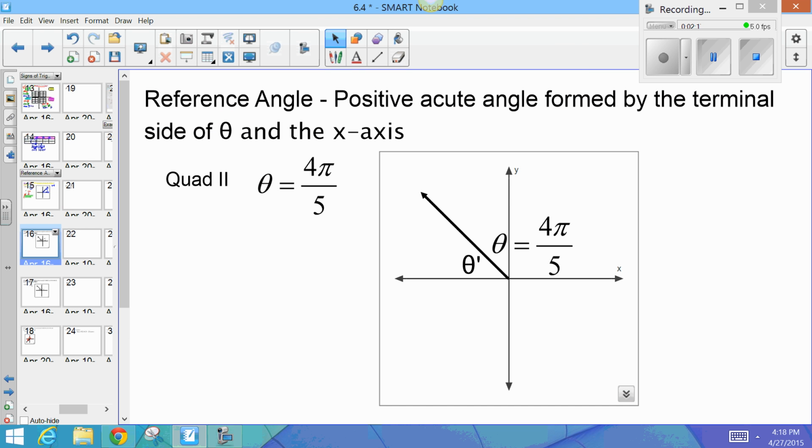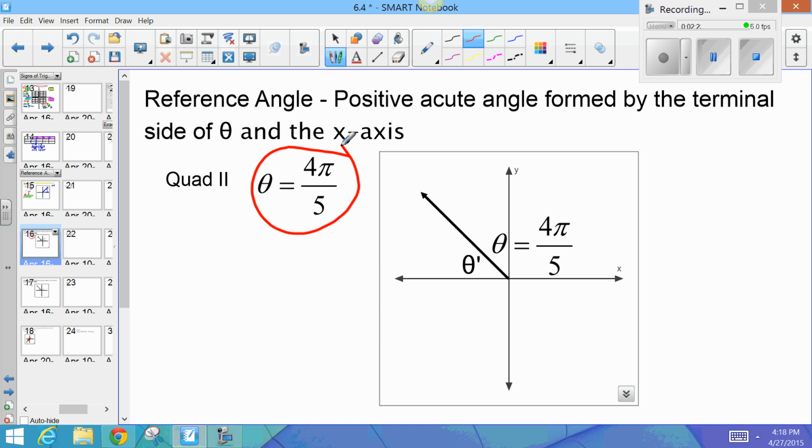Next problem. Here we've got a quadrant 2 angle. Theta is 4 pi over 5. Its terminal side falls in quadrant 2. So the reference angle is the positive acute angle formed by the terminal side of theta and the x-axis.